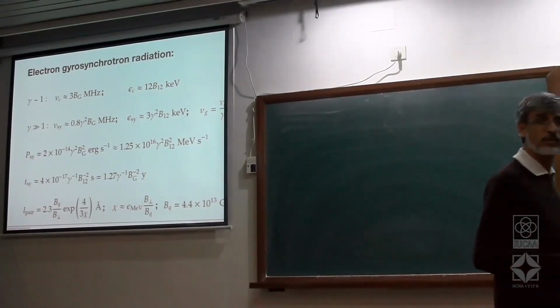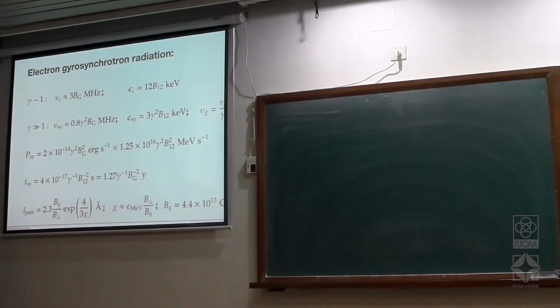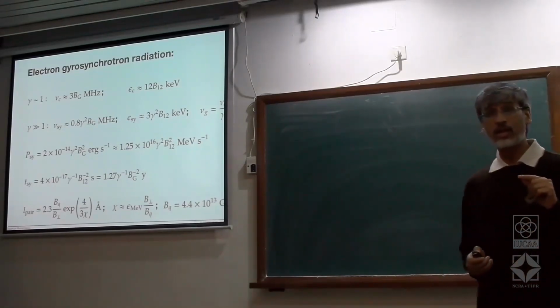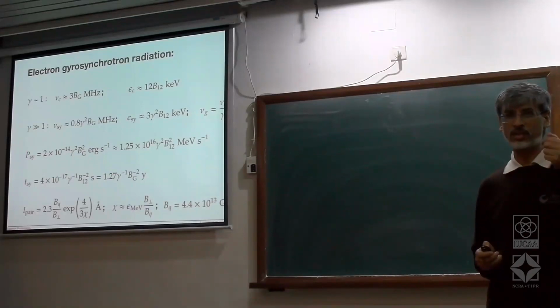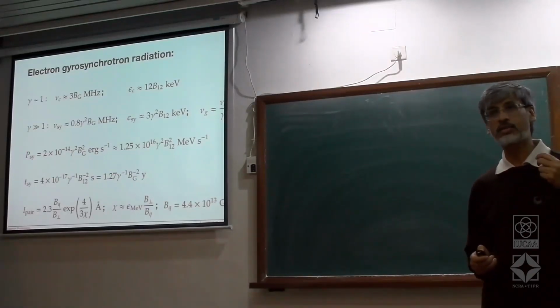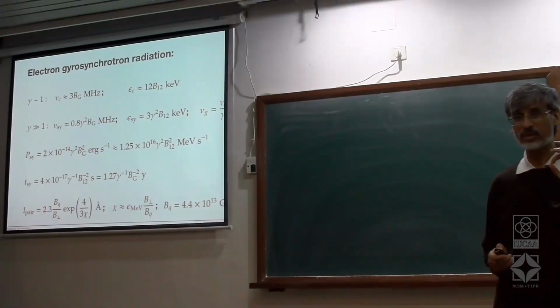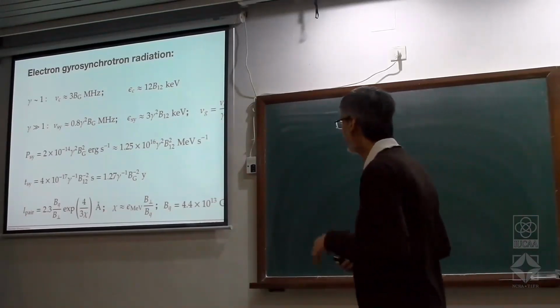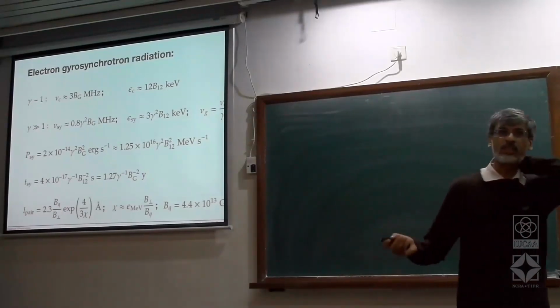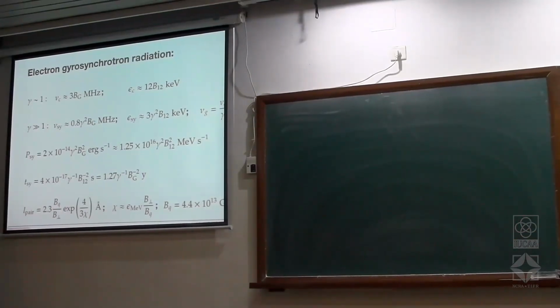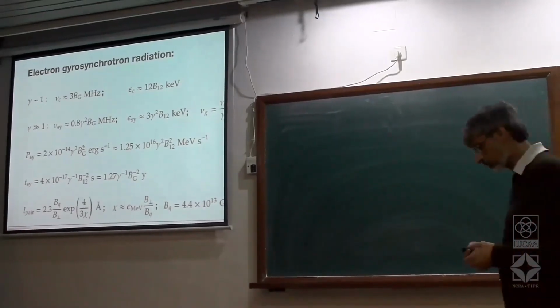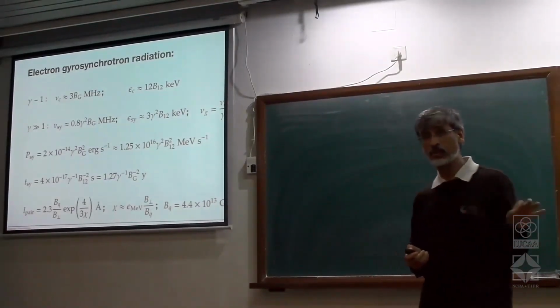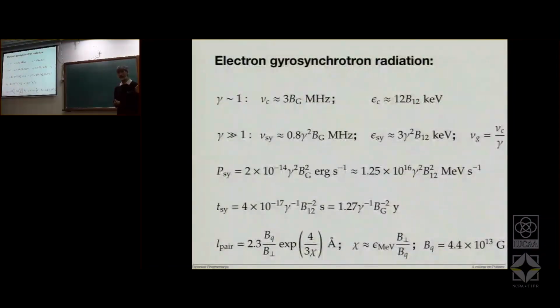And once it spends all its energy, it can get stuck at the lowest Landau level around the magnetic field. The lowest Landau level has zero perpendicular momentum with respect to the magnetic field. Parallel momentum is not affected by this radiation. So starting from an arbitrary energy to come down to the lowest Landau level, the time that a particle can survive is called the synchrotron lifetime.